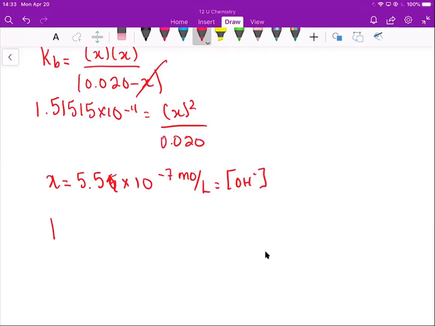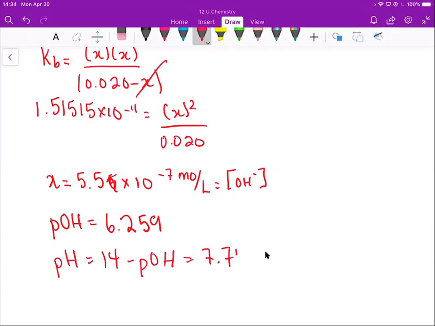So what I'm going to start off with is finding the pOH, so negative log of the answer, and I get 6.259, and so the pH is 14 minus the pOH. 14 minus the answer is 7.74, or 7.7 following significant digits.